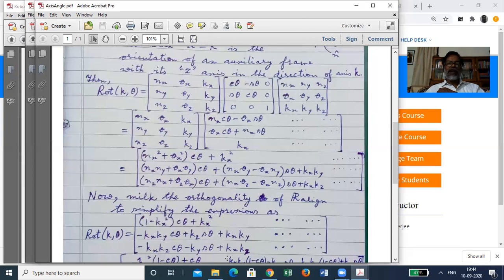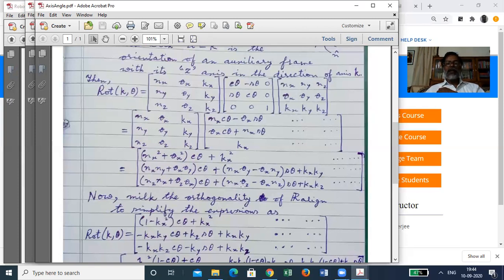kx ky comes as it is. Similarly, nz nx plus oz ox will be minus kz kx, so that is minus kx kz cos theta.